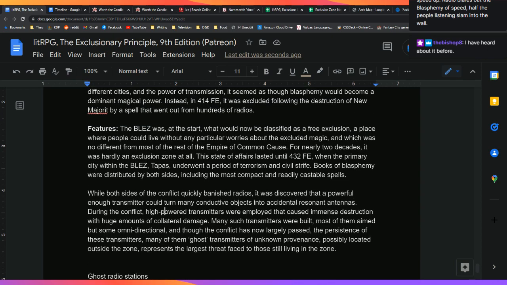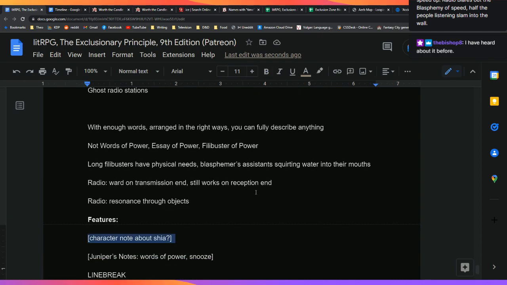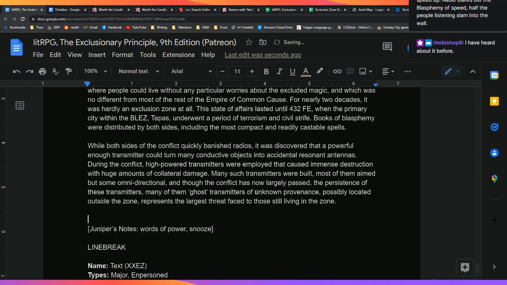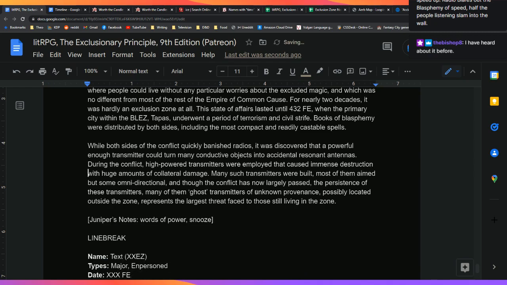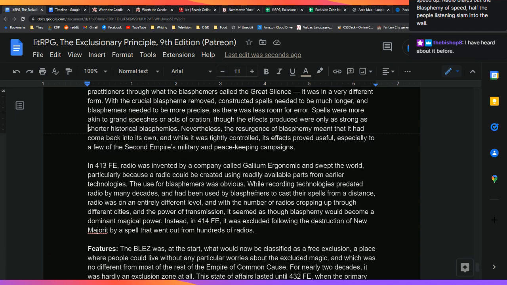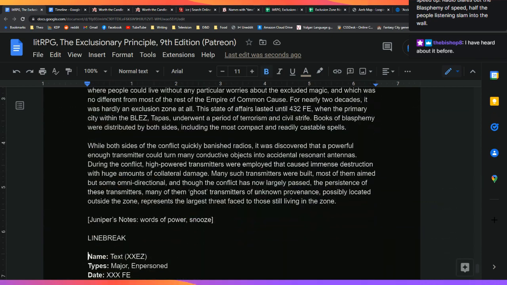I think this is good. I think this is good for a minor zone. I think it's fine. I didn't include the thing about blasphemers' assistance squirting water. I didn't include that. But I don't think that's... You know what? I can include... If I'm going to do a Juniper's note, I can include that.